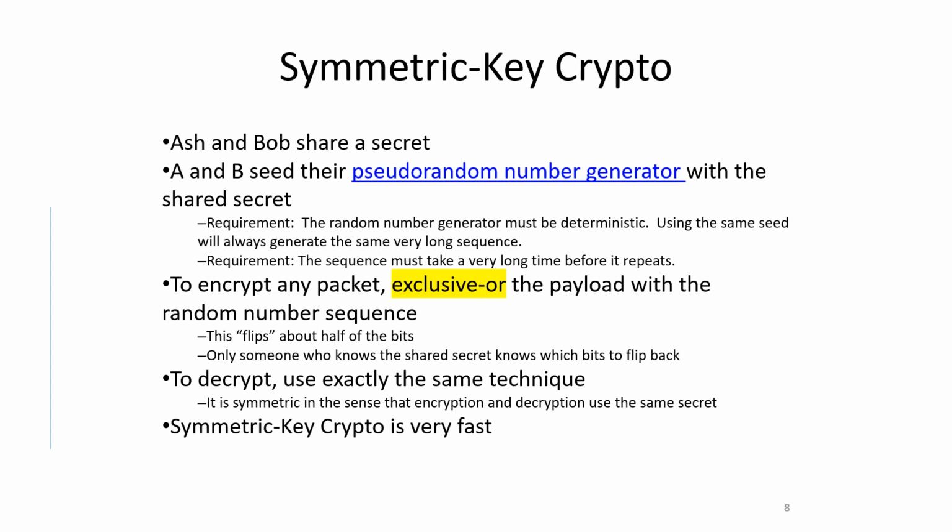Well, you want the message to look really random. On average, over a long period of time, the message should have about half of the bits lit and about half of the bits off. Half zeros, half ones. And a good random number generator, that's one of the requirements of a good random number generator.